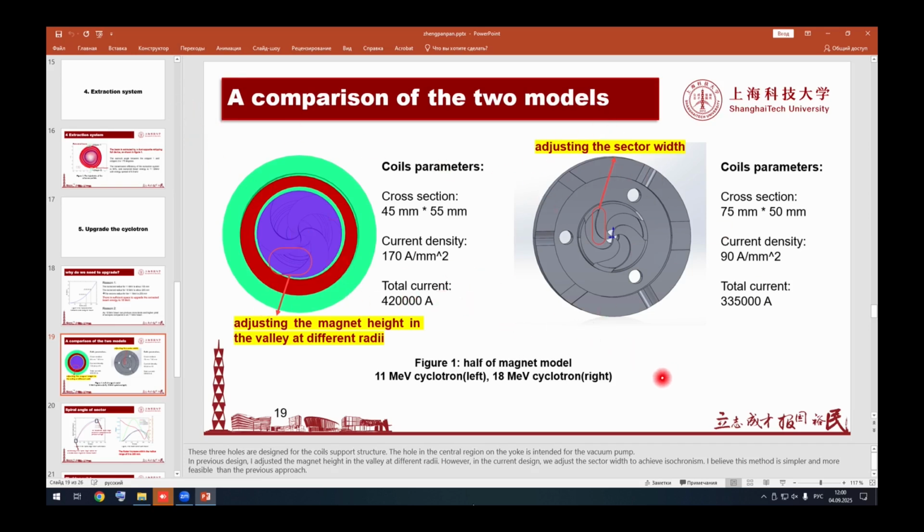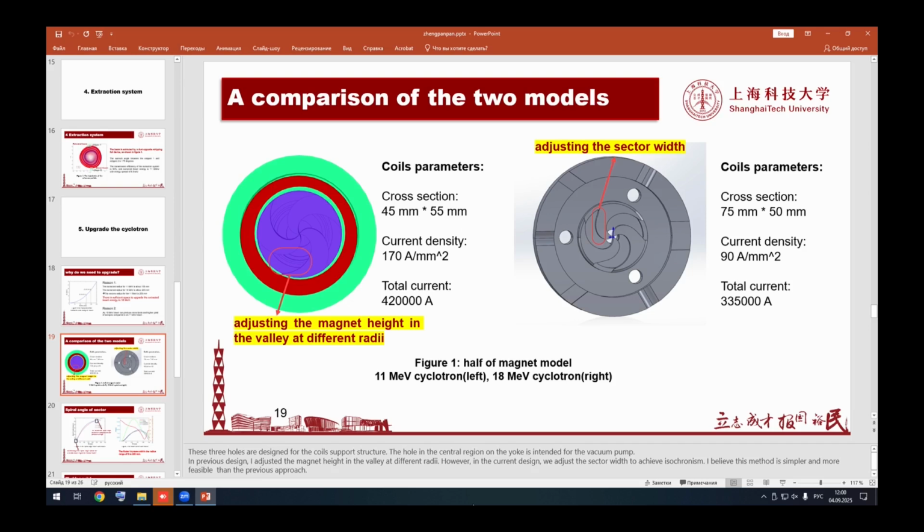What is the size of the yoke? The diameter of the yoke for 11 MeV and for 18 MeV, how much? I forget it, but I will show it. Big, small, how much?